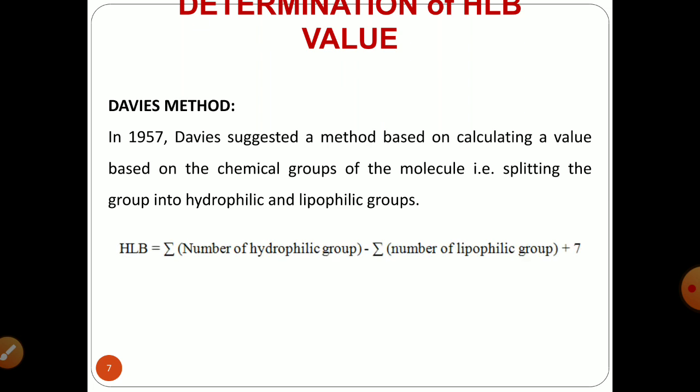He developed a formula which includes the summation of the number of hydrophilic groups and the summation of the number of lipophilic groups, subtracting lipophilic groups from hydrophilic groups.